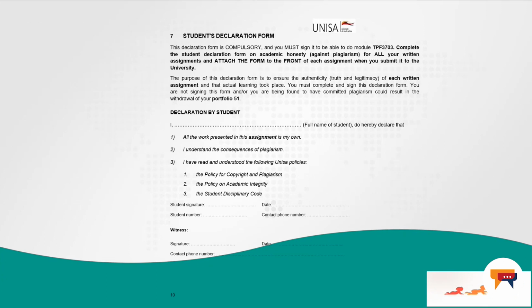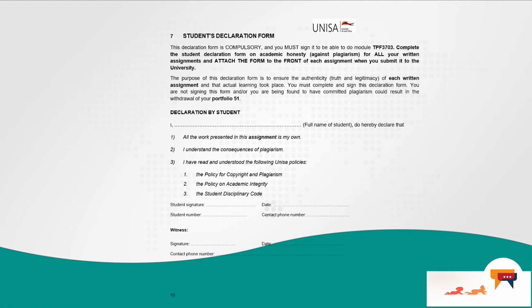Again, here is a student declaration form, and this is also compulsory. You must sign it. Okay? You make the declaration as a student that all the work you presented is your own work. You understand the consequences of plagiarism, and you have read and understood the UNISA policies on copyright and plagiarism, on academic integrity, on student disciplinary code.